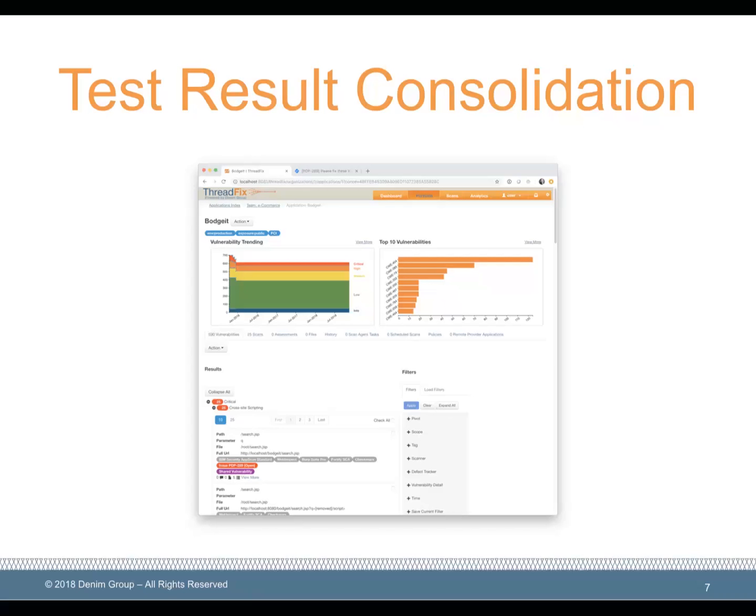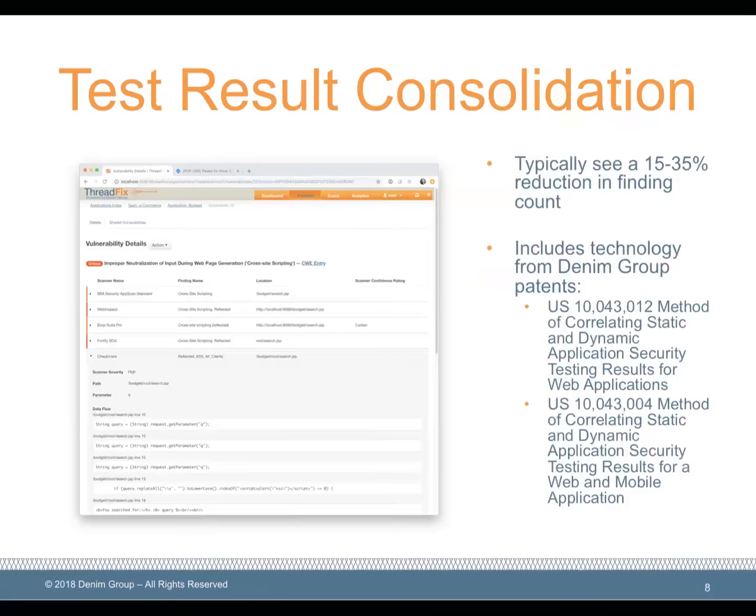And ThreadFix normalizes and deduplicates this test data. The value in that normalization and deduplication is that we typically see a 15 to 35% reduction in the finding count, which means your security analysts have fewer findings to go through.